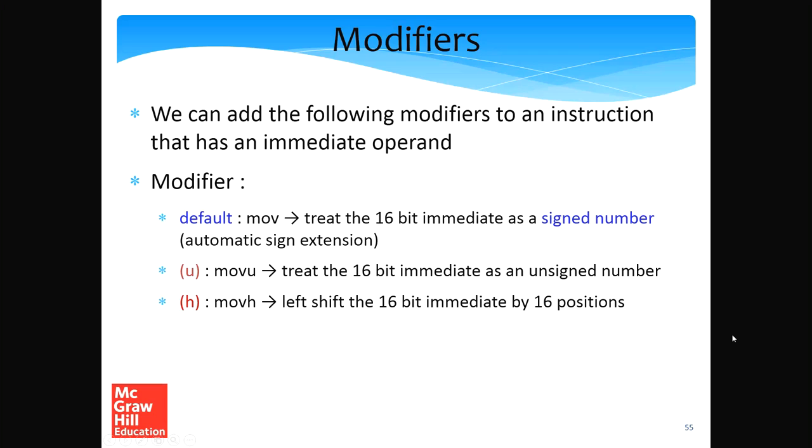Now let's discuss our last important concept in this subsection of the lecture called modifiers. If you would recall, we had discussed that SimpleRISC supports 16-bit immediates. So it does not support larger immediates.